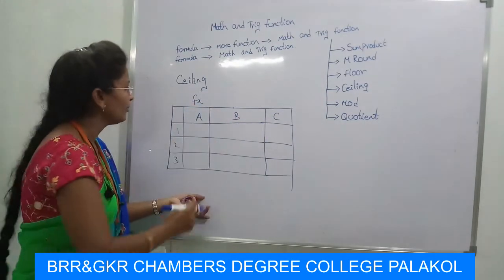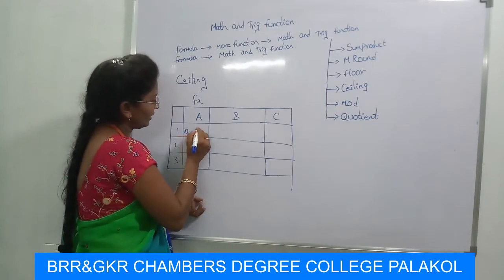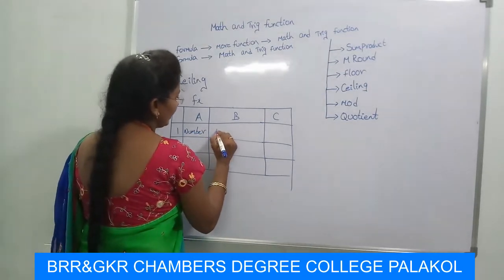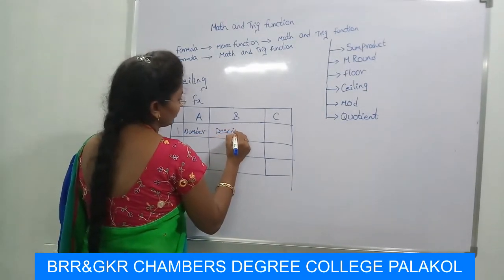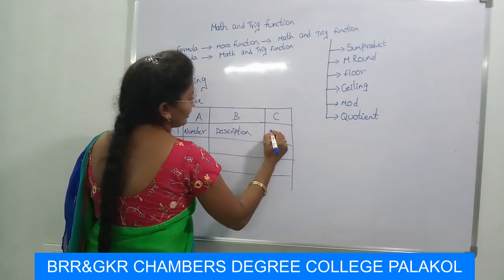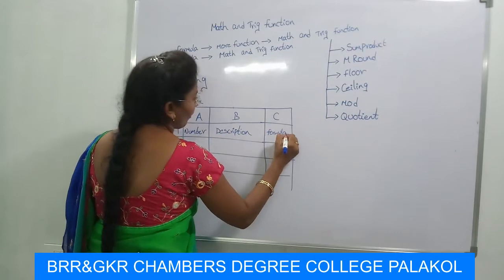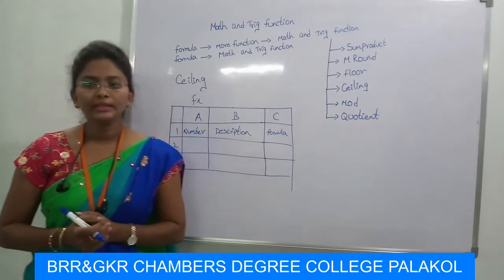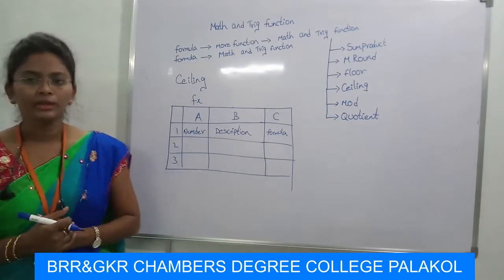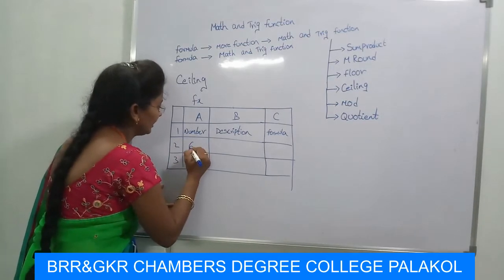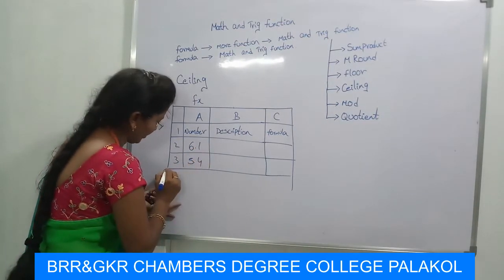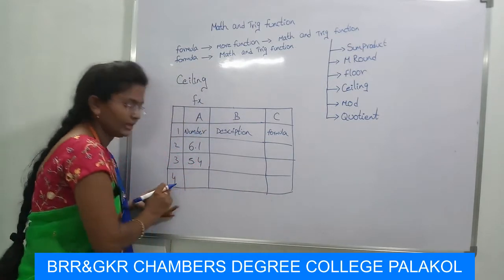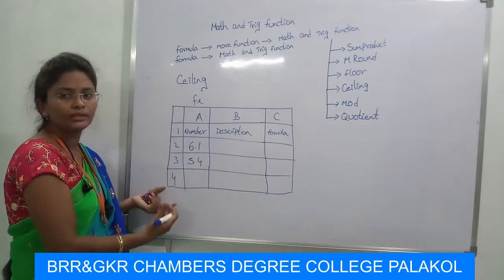And in the A1 cell, I have to enter some number in the Excel sheet, and in the B cell, the description, and then in the C cell, the formula. The first value is 6.1, and the next value is 5.4, and I have to take some more rows, and this is the fourth row, where I enter a value like 9.5.